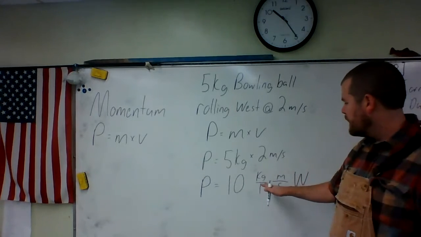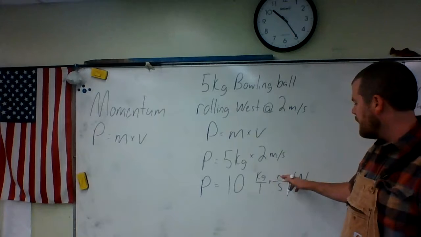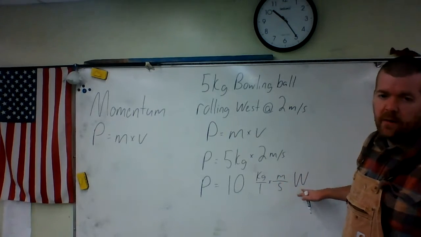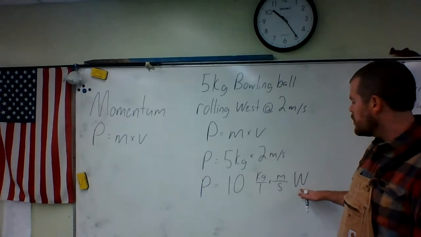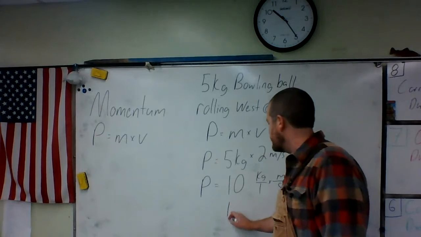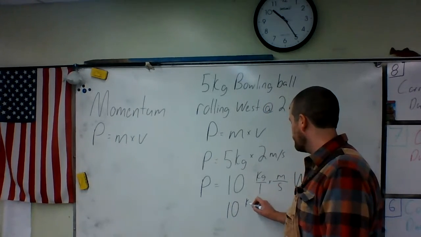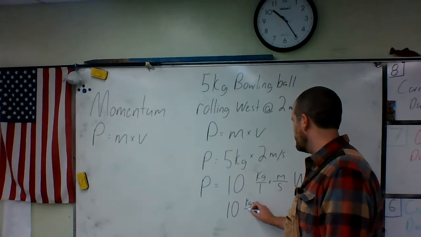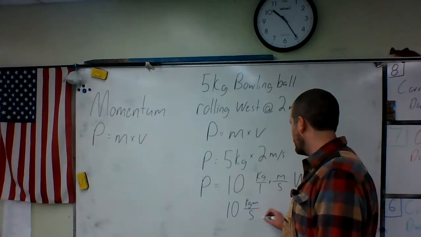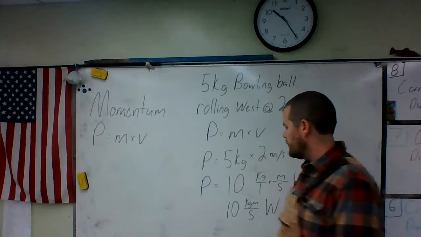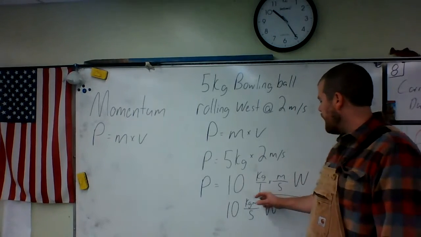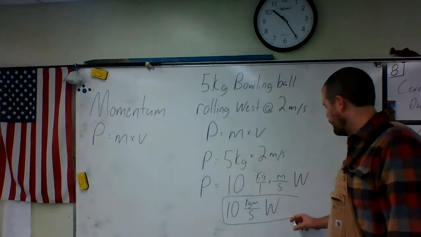What we really end up with is kilograms over 1 times meters per second with that directional component. So our unit ends up being 10, we just multiply across, kilogram meters, kg m, per second west, okay? And here is what our final momentum of that bowling ball is.